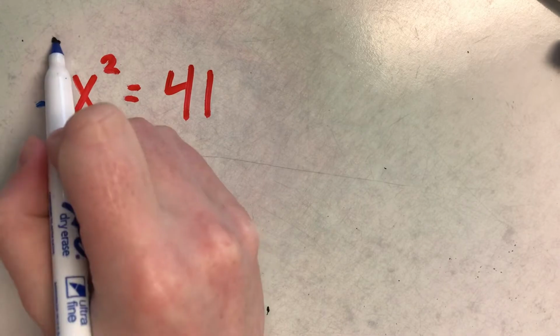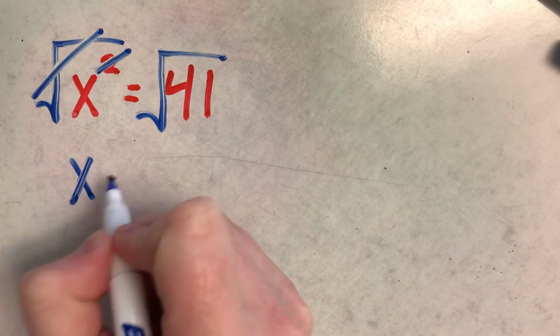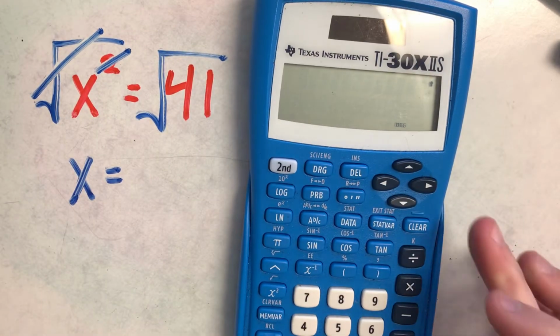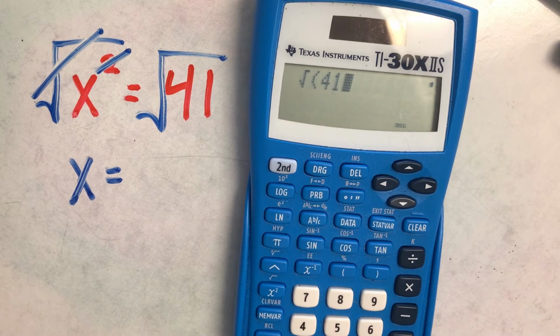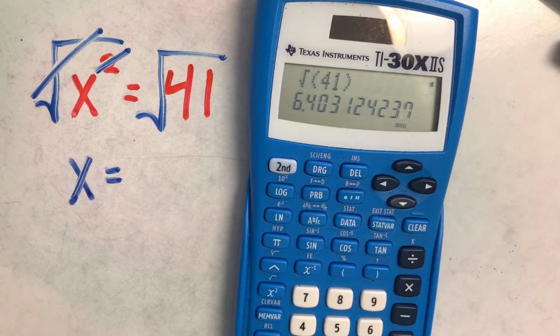If that's the case, it's still not a problem. You have a calculator for a reason. You'll still take the square root of both sides. It still cancels. But this time I get x equals, and you'll come over here and type it in. Second, square root, 41, close your parentheses and enter, and you get 6.403 and on and on and on.